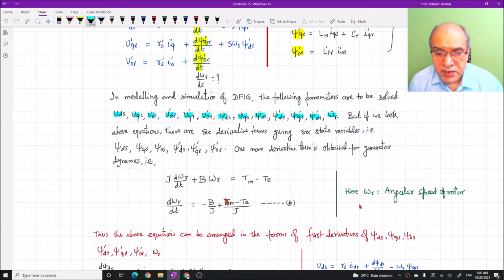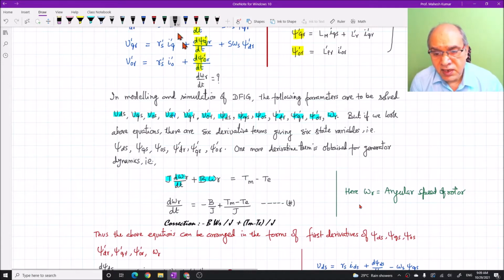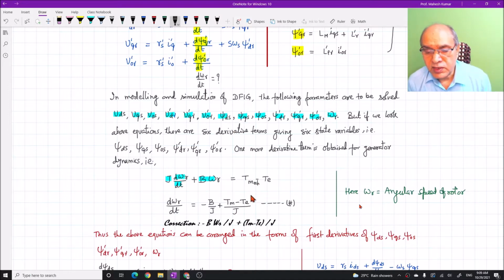The dynamics of the generator is expressed in terms of the torque equation: the inertia J d omega r by dt plus B into omega r, where B is the frictional coefficient, equals Tm minus Te. Tm is the mechanical torque, which comes from the wind turbine because the wind turbine is coupled to the generator.